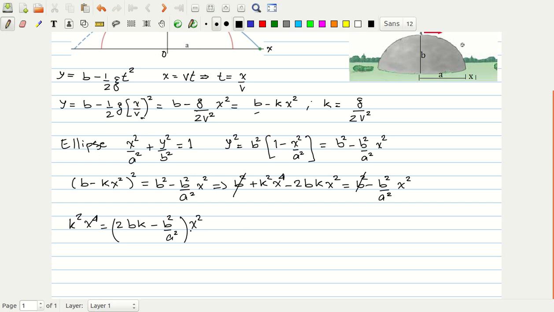So we can divide x square from both the sides, so this cancels out, and over here you are left with k square x square.